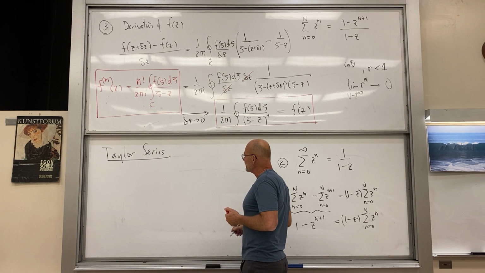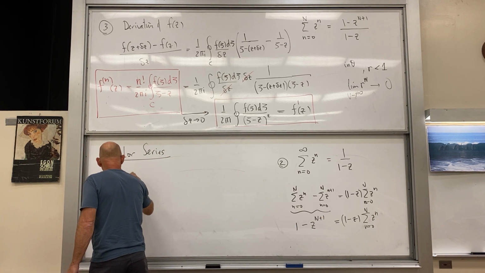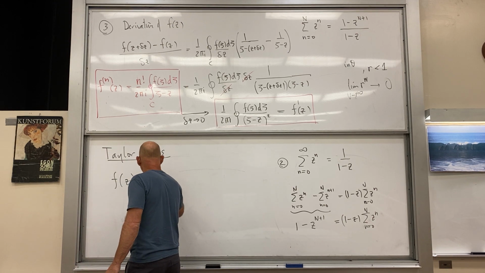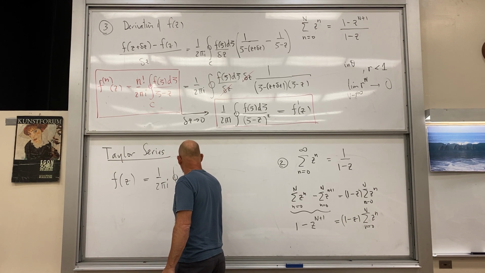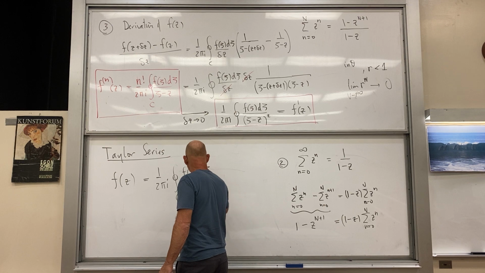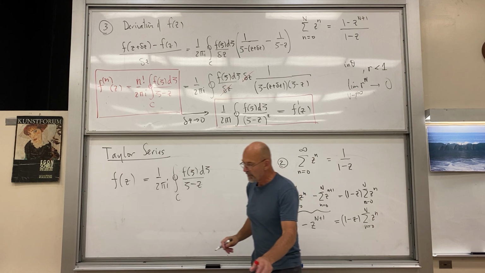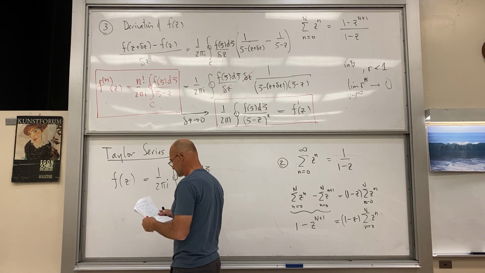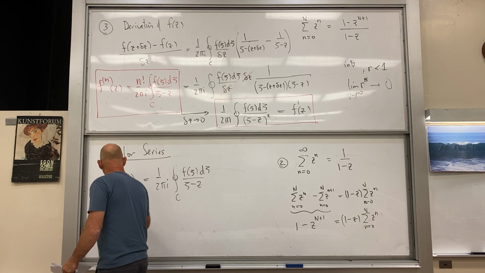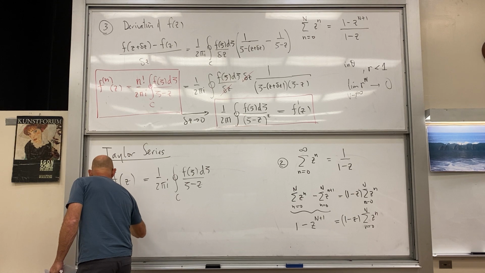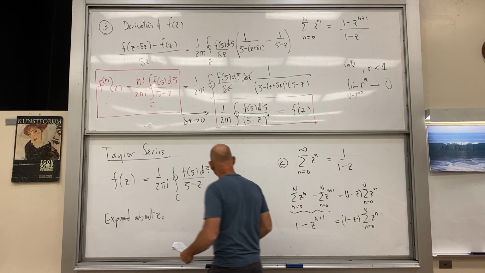So for the Taylor series, we want to have this f of z using this formula, f of zeta d zeta over zeta minus z. We have to pay attention to the domain of integration now. So expand about z sub 0. This next sketch is pretty important.